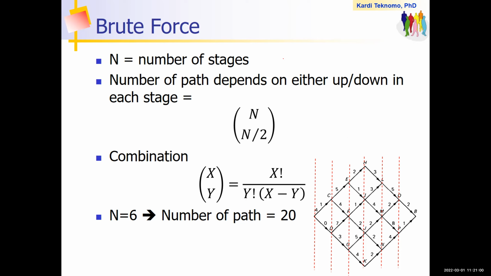The number of paths depends on either up or down, right? Because here it is clearly only 2, up and down only. So then it's the combination of n choose n divided by 2. This is the formula of combination. So n is 6. In that case, the number of paths is 20, right?